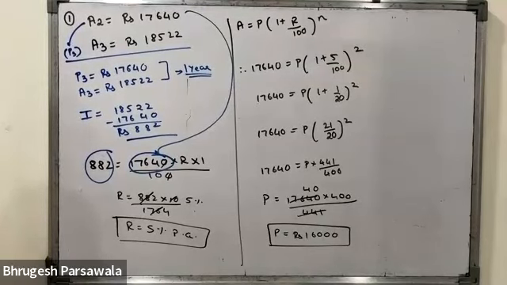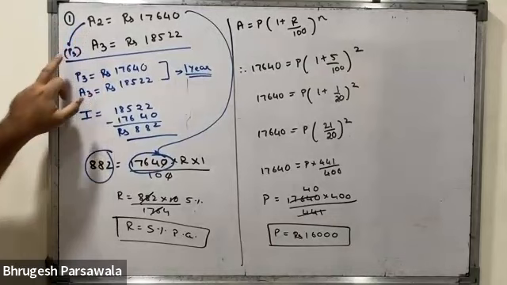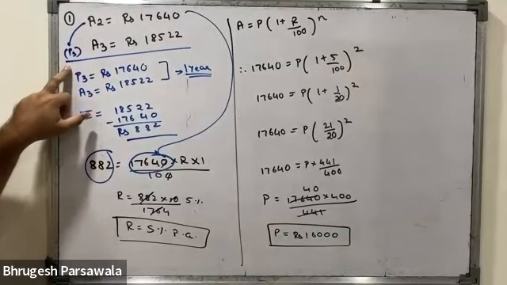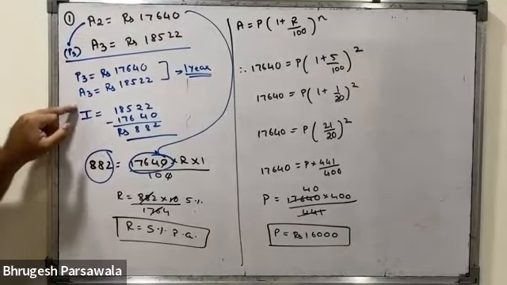Amount for second year. That is equivalent to principal for the third year. Amount for second year is nothing but principal for the third year. So I had principal and amount.